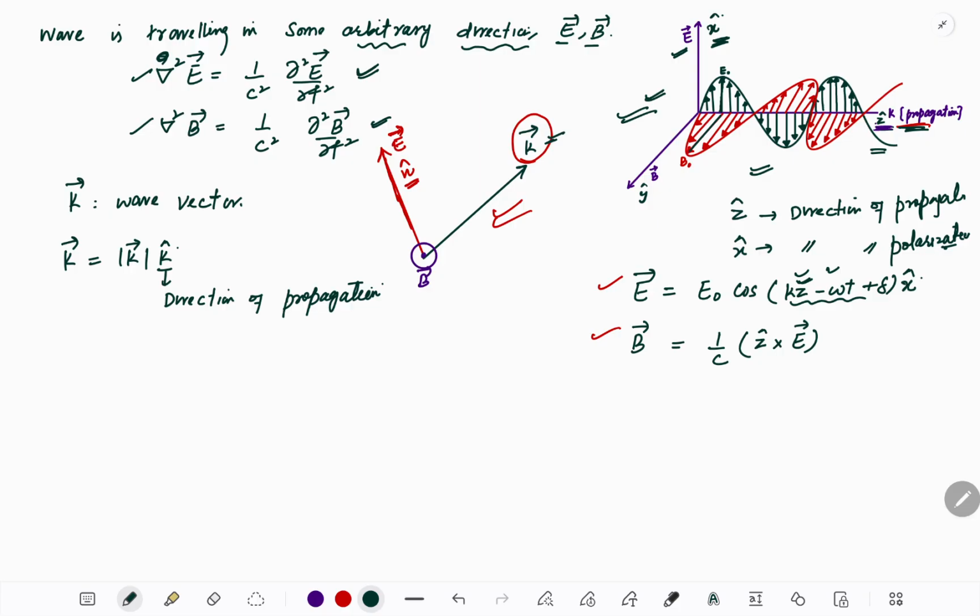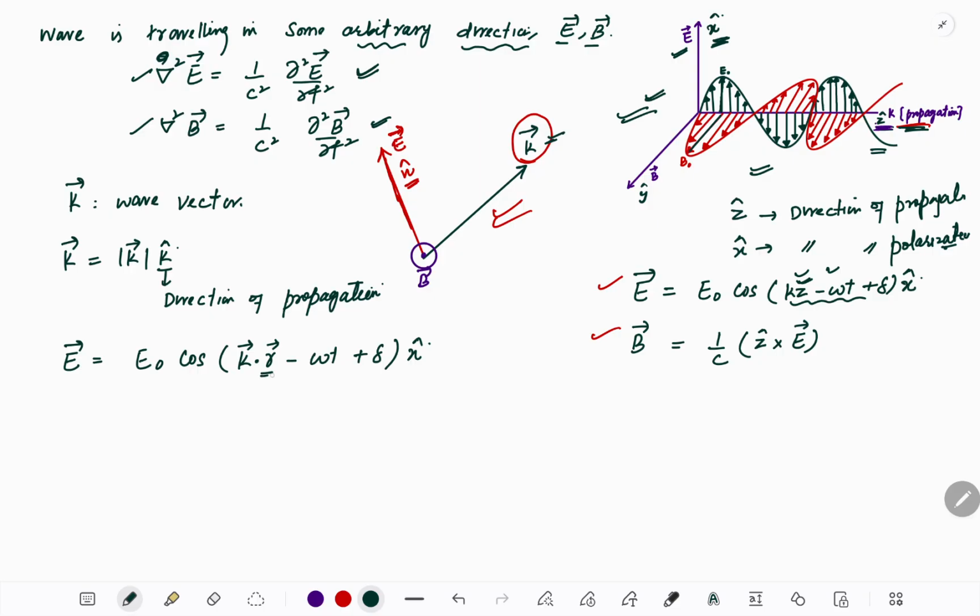Now the solution is like this: E equals E naught cos of the propagation vector k dot r, the position vector r, minus omega t plus delta, times n cap. Let's understand a bit.